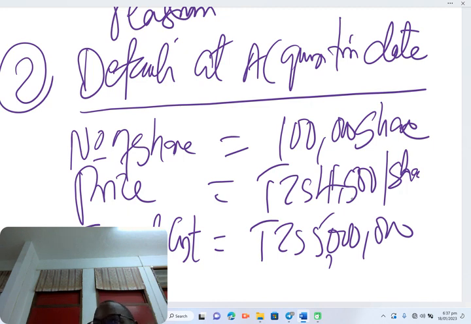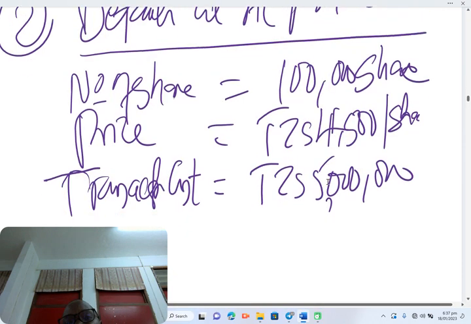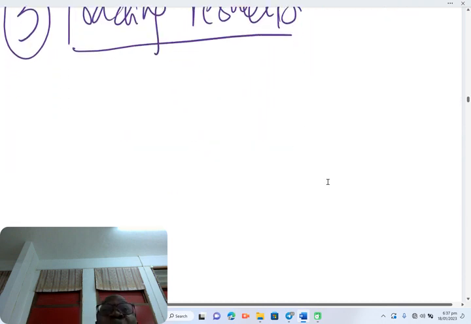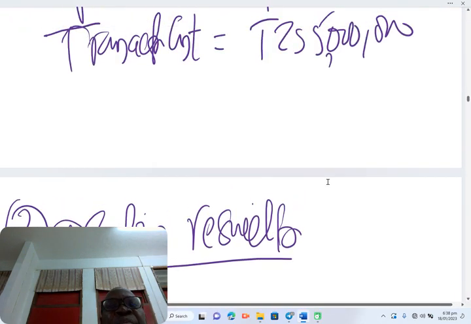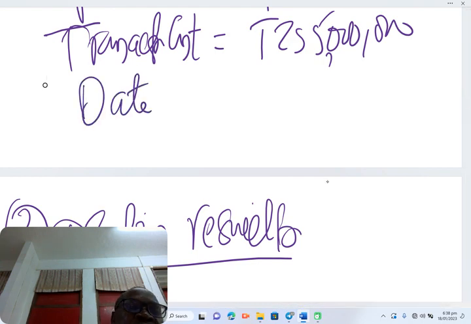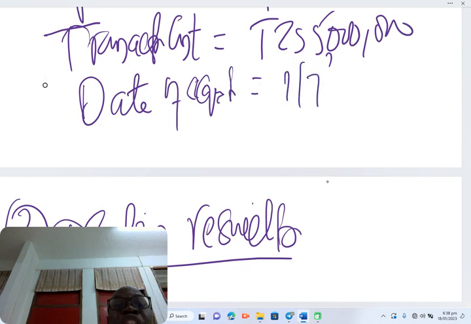Now, this problem cannot be solved using IPSAS 29 simply because IPSAS 29 has no option when an investor has bought shares for strategic reasons. So this one must go to IPSAS 41. Trading results. That is date of acquisition. I've not given you the date of acquisition, the same date.